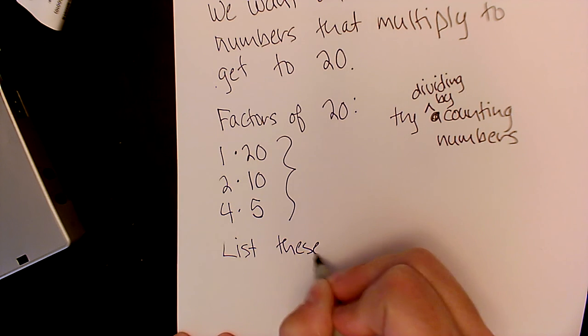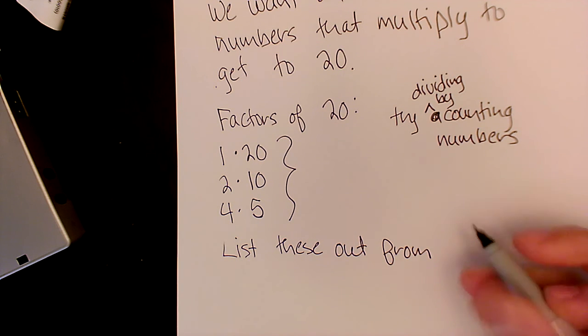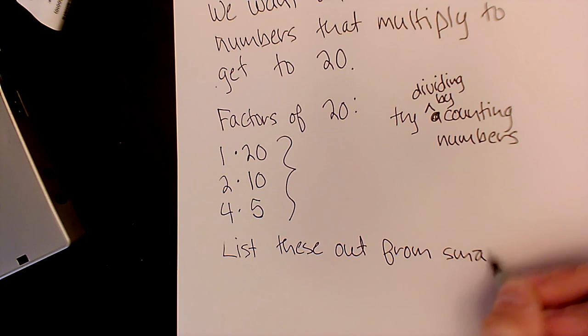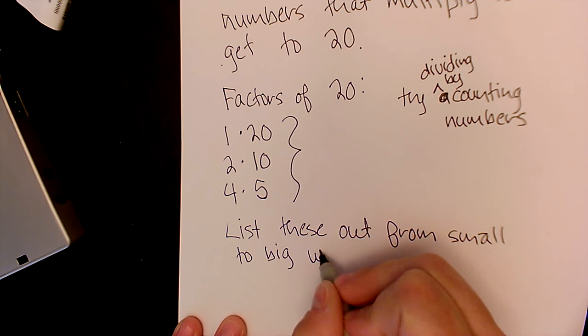So list these out. And with factors, we want to list them out from small to big with commas.